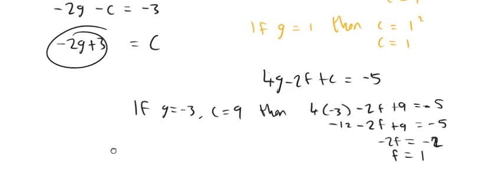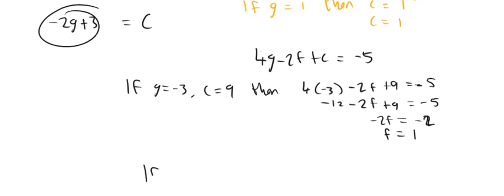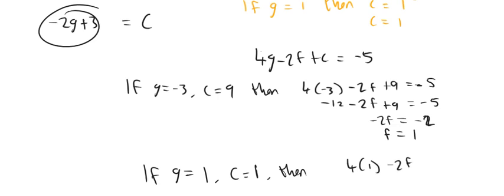So that's one option. But then the other one, if g is equal to 1 and c is equal to 1, then 4 times 1 minus 2f plus 1 is equal to minus 5.